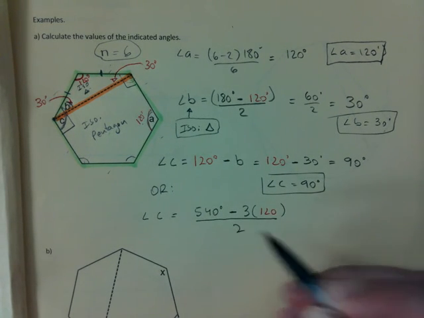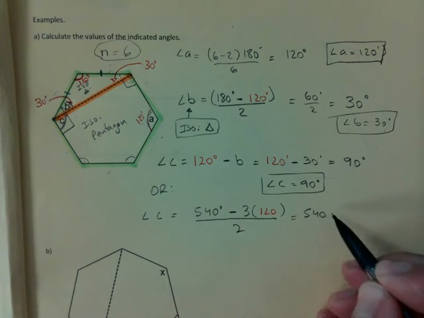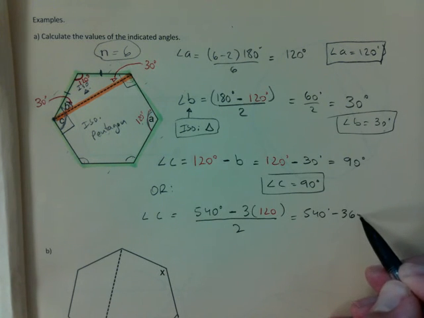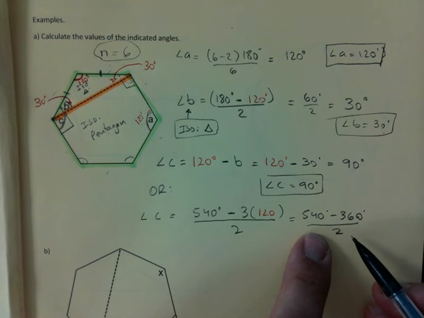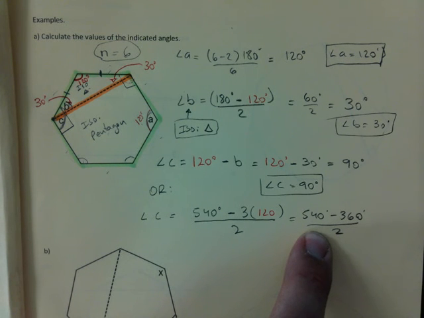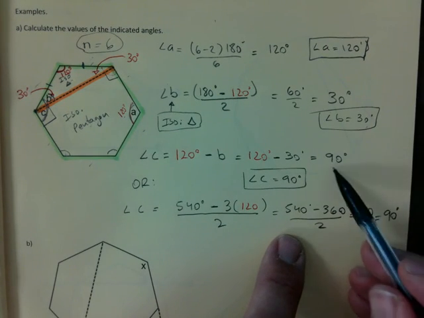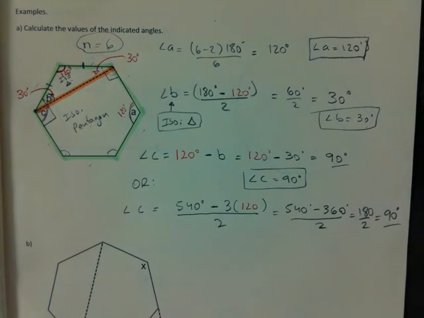This better work out, okay? Or else I'm in trouble. Drum roll, okay? So I have 540, that is 180, right? I'm just going to double check here because I need to get this right. Yep, it's 180 divided by 2 is 90, right? Ta-da! So regardless of how you do it, you're going to get to the same conclusion.